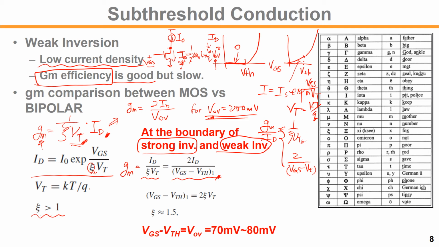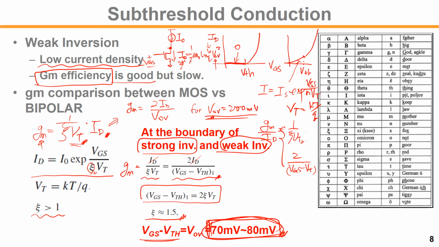For the same current, we get the relationship like this. If C is around 0.5, then the overdrive voltage becomes 70 to 80 millivolt. Around this number or below will be the subthreshold region.